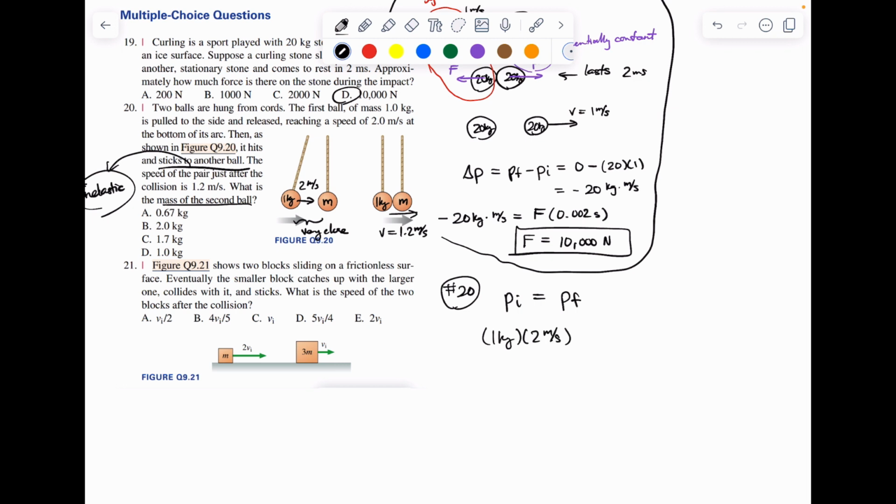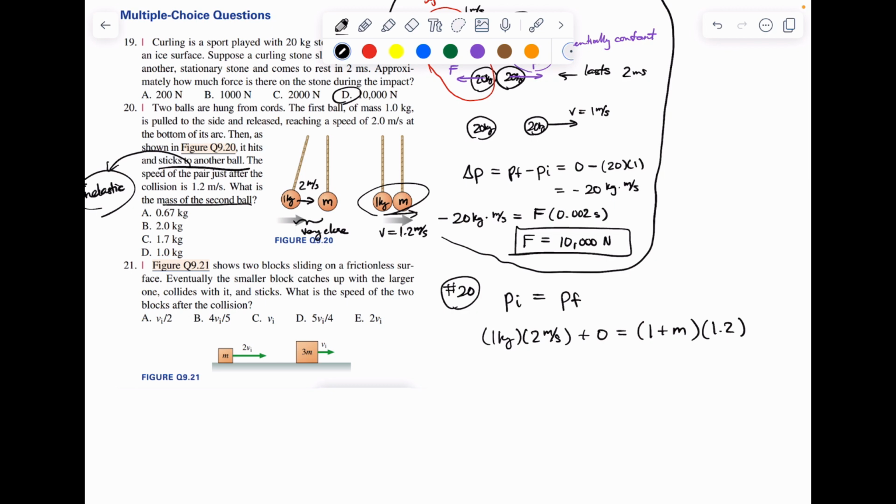The second ball has a momentum of 0. For final momentum, it's probably best to just treat this as one object, and that one object has a velocity of 1.2. What is the mass of that one object? It's 1 plus m kilograms, and then times the 1.2 meters per second.